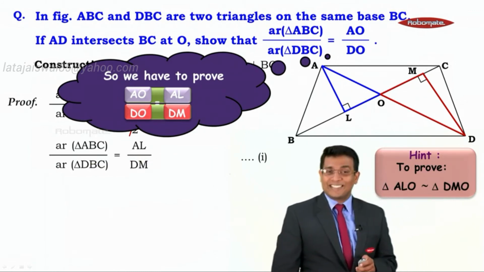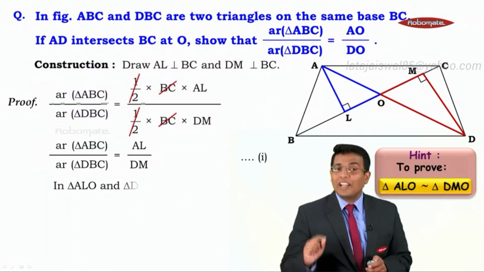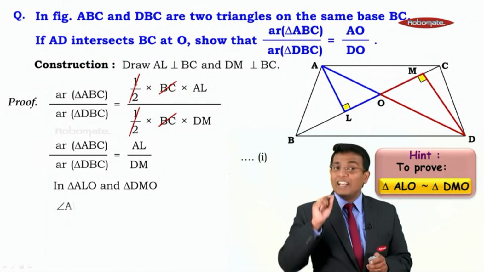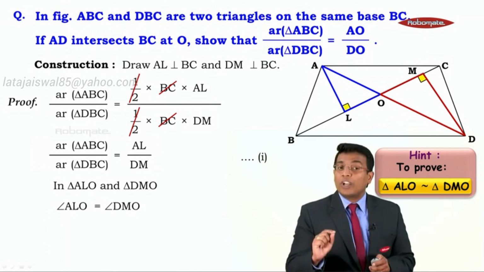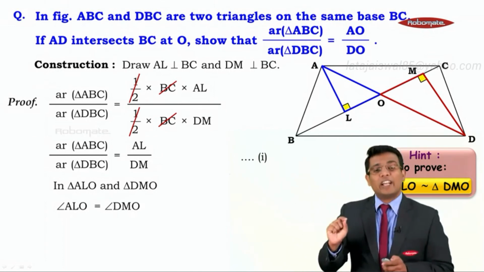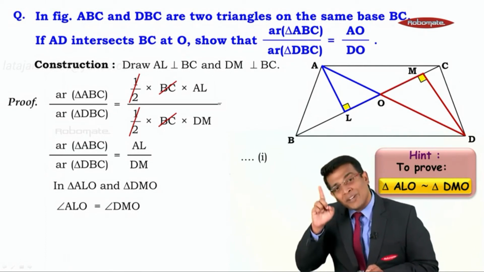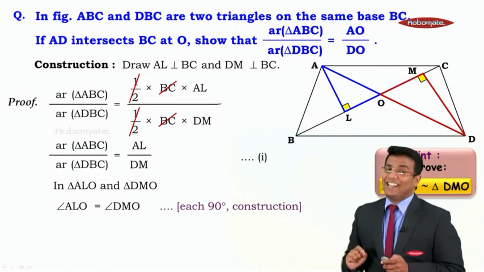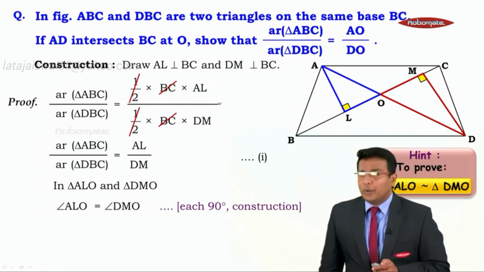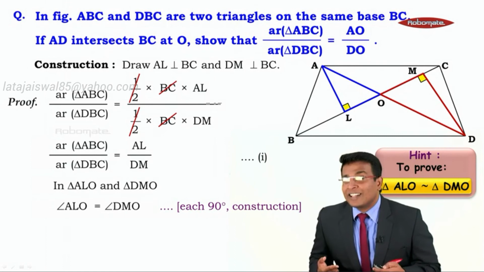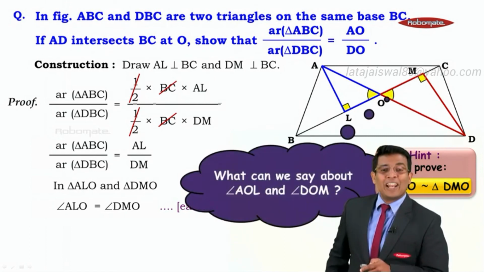Now look at these two triangles. In both the triangles, we have already got one pair of angles to be congruent. Why are they equal? Because we know that each of them is 90 degrees. And where did we get the 90 degrees from? From the construction, right? So we can write there each is 90 degrees and the reason is construction. Beautiful. Can we have one more pair of angles equal there? Yes, we have them. What can we say about angle AOL and angle DOM?